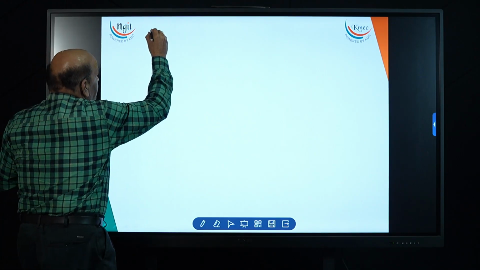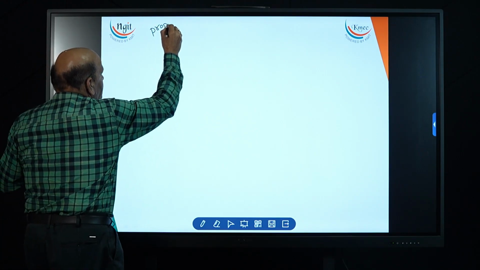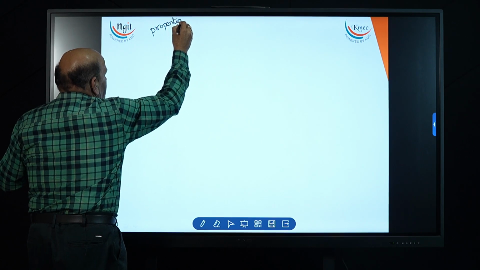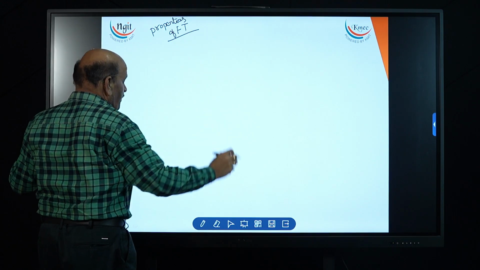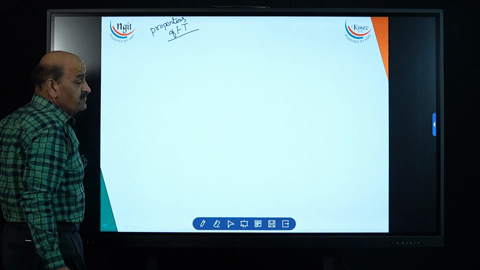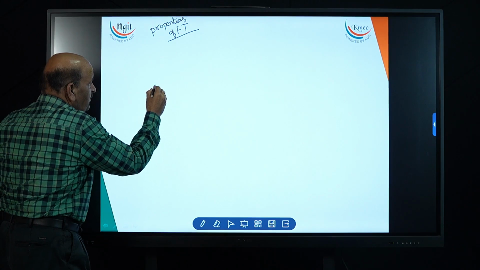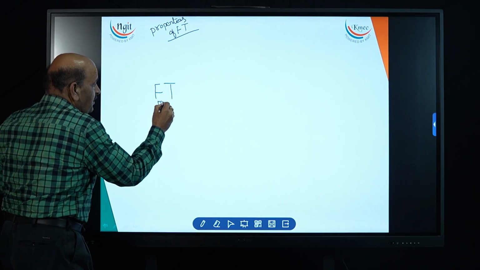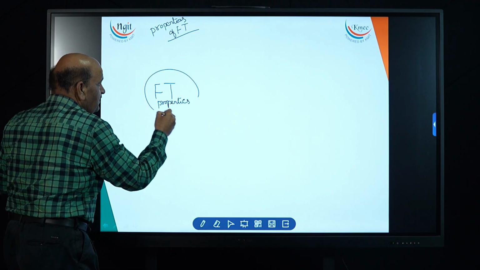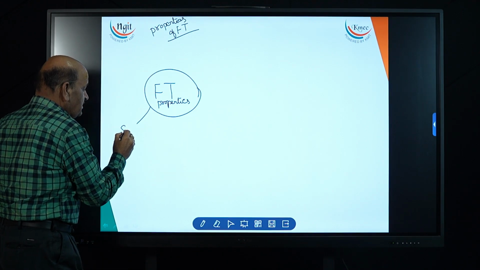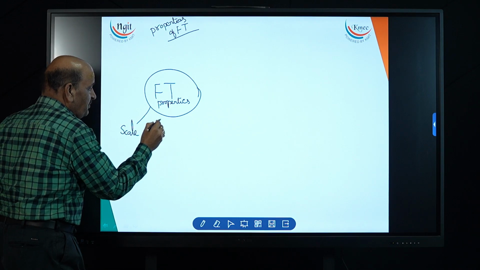The next topic is properties of Fourier transforms. Now just we are discussing its properties. The first property is called change of scale property.